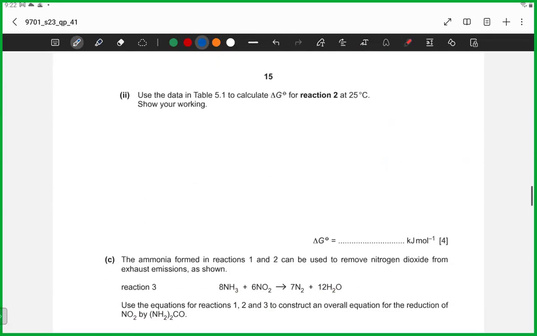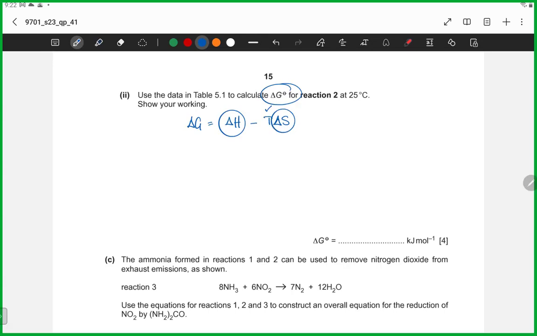Use data to calculate delta G, which is Gibbs free energy. How do you calculate delta G? Delta G is delta H minus T times delta S, right? So you need delta H first. The temperature is known, and you also need delta S as well.